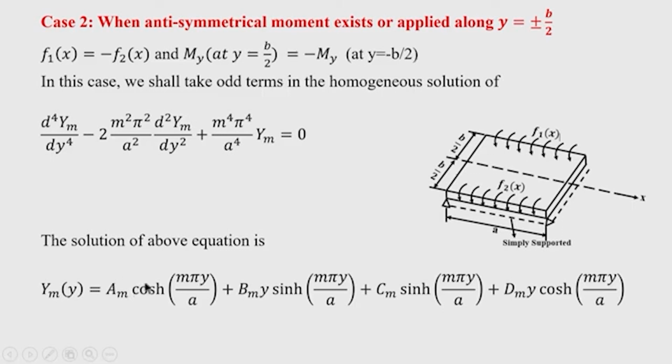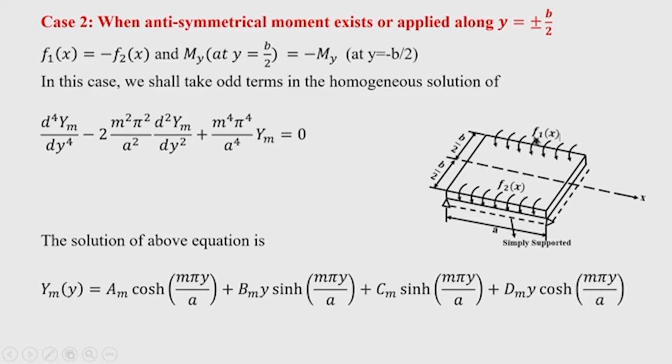You can note here that this is the symmetric term, cos hyperbolic. y sin hyperbolic is again a symmetric term, because y is antisymmetric and sin hyperbolic is antisymmetric. So, the product of two antisymmetric terms is a symmetric term. Then the sin hyperbolic term is again an antisymmetric term, and d m y cos hyperbolic m pi y by a is again an antisymmetric term.